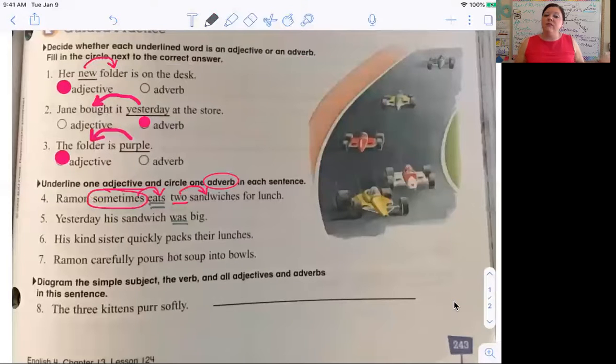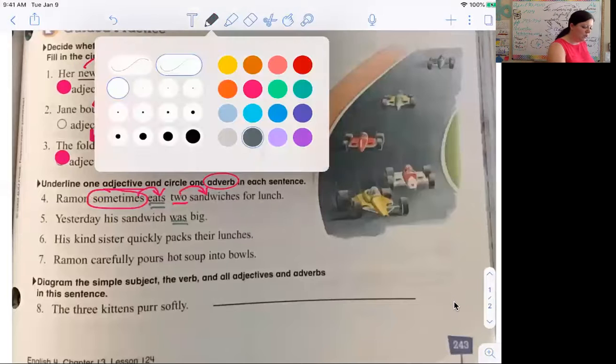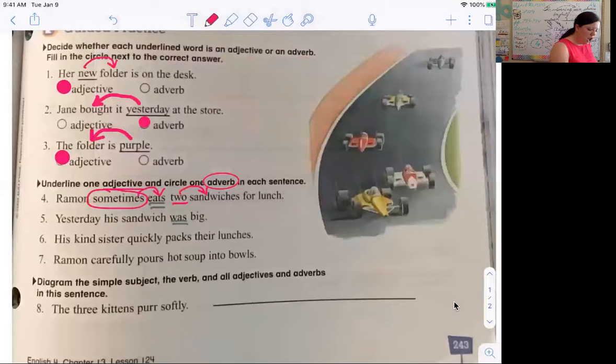Well, what is the subject of our sentence? Who or what is this entire sentence about? This entire sentence is about sandwich. Well, what was the sandwich? It was big. Underline big because they're wanting us to underline the adjectives. And let's draw an arrow back to the word that it's describing. Adjectives describe nouns. The noun that big is describing is sandwich.